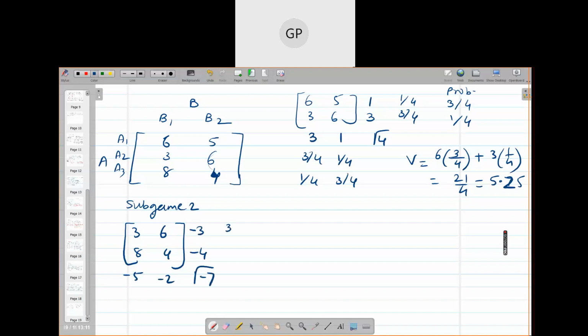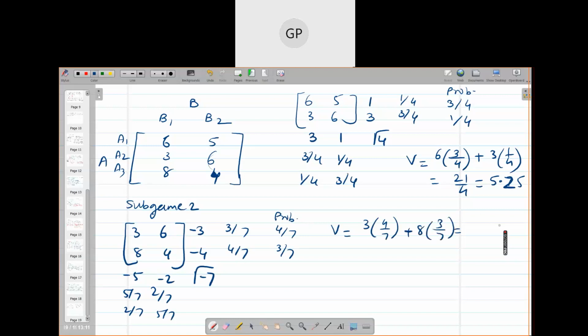The ratios are 3 by 7, 4 by 7, 5 by 7, 2 by 7, and the probabilities are 4 by 7, 3 by 7, 2 by 7, 5 by 7, and value of the game is 3 into 4 by 7 plus 8 into 3 by 7. So 12 plus 24, that is 36 by 7. This is very close, 5.14, very close.